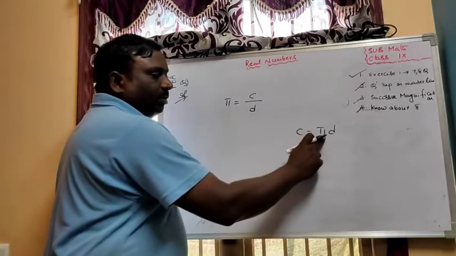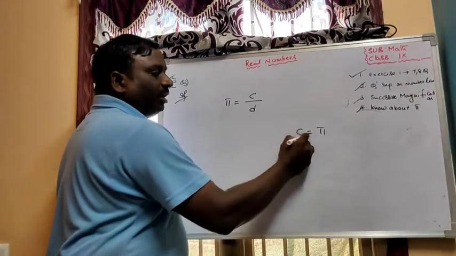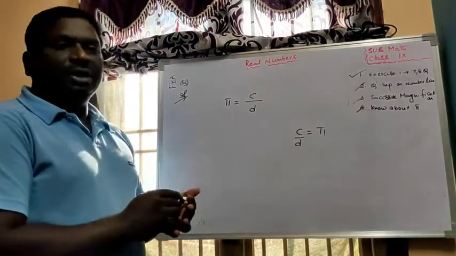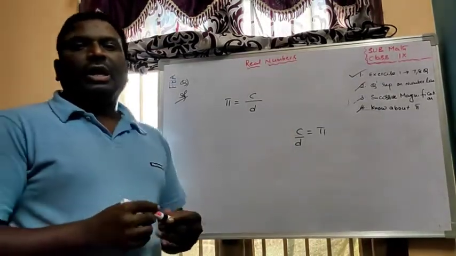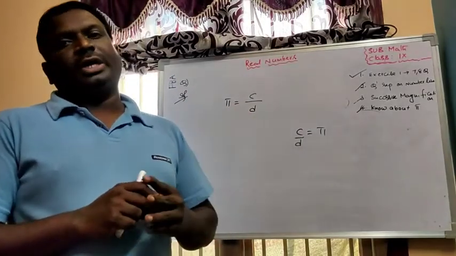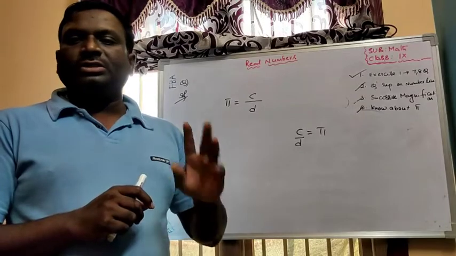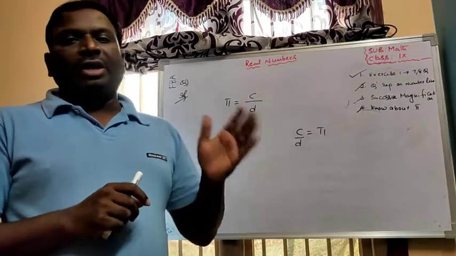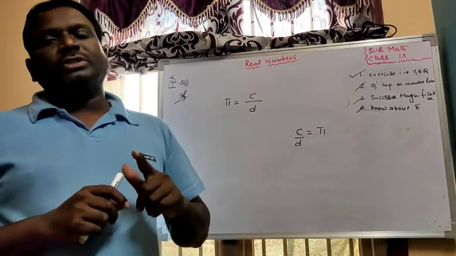So taking pi as the subject, pi is nothing but the ratio of circumference and diameter. Archimedes was the first to compute the value of pi.